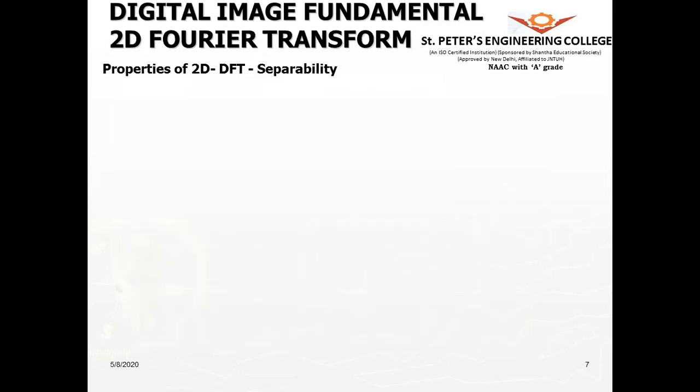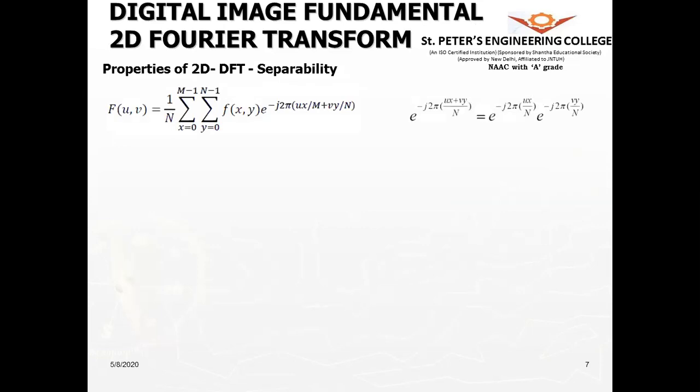Now let us look at the properties of the 2D discrete Fourier transform. The first property is the separability property. If you take the forward transform, this is the equation, and the exponential term inside, we call it the kernel.